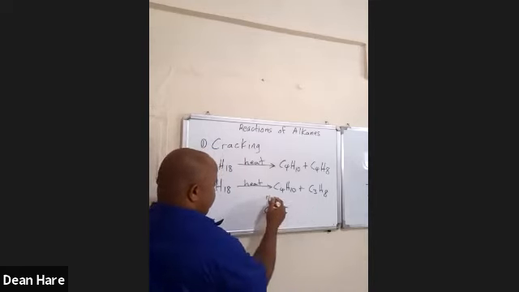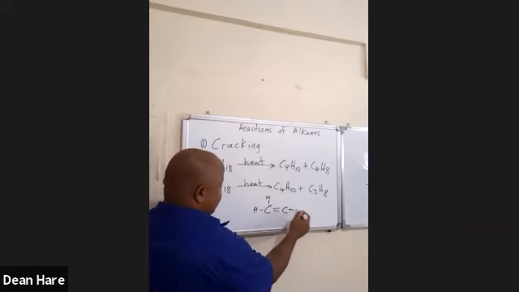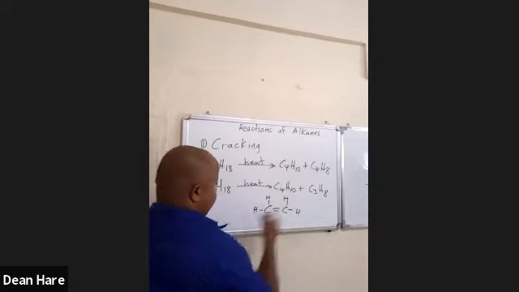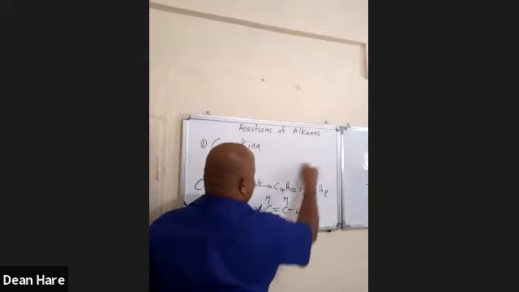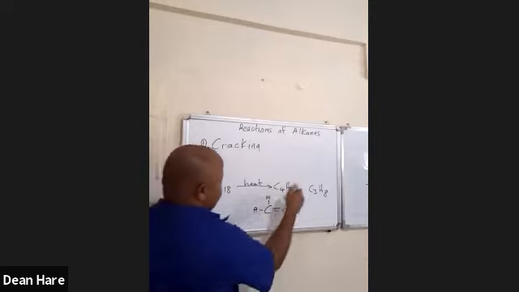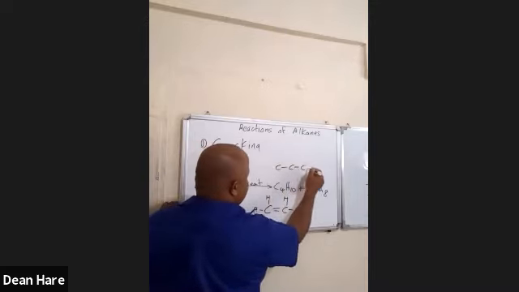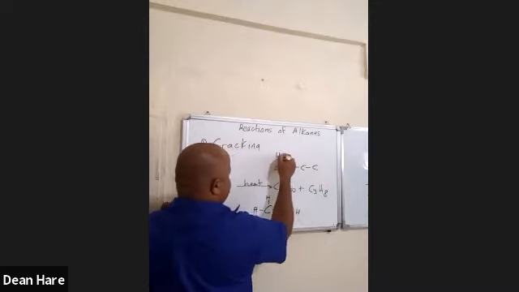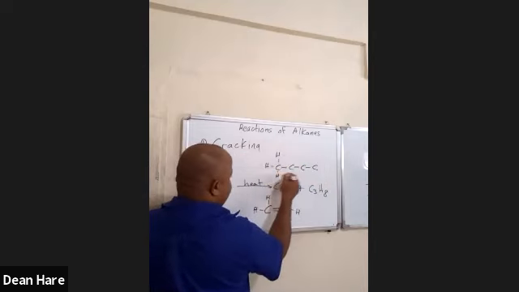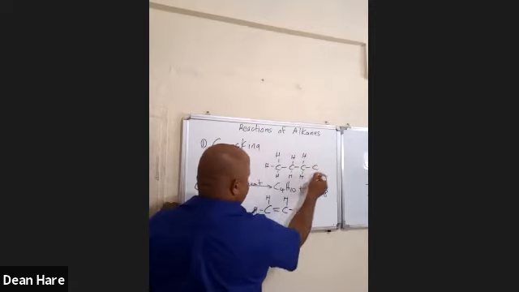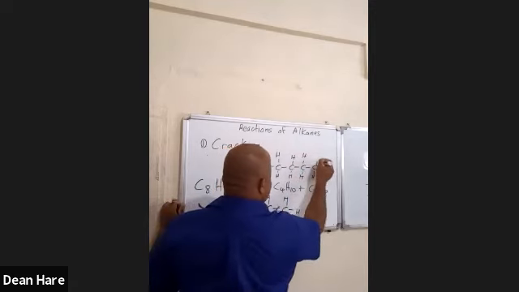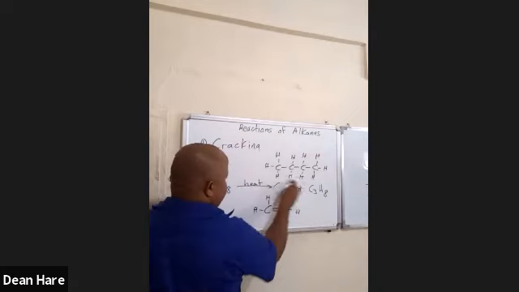All right, at the moment, we have C2H4. Let me just erase the one at the top. So we add C2H4. This is C4H10. And we have C3H8.